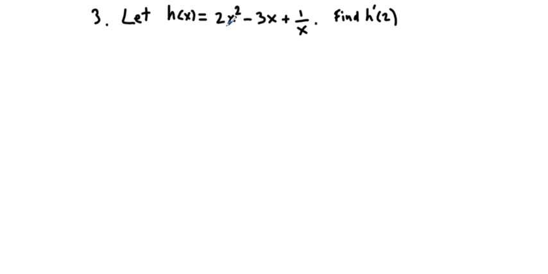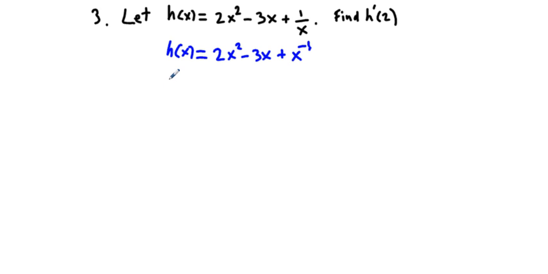Let h of x equal 2x squared minus 3x plus 1 over x. Find h prime of 2. Well, to do that, we're first going to make a rewrite. h of x equals 2x squared minus 3x plus x to the negative 1 power.